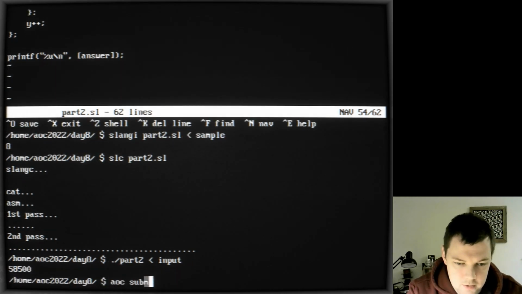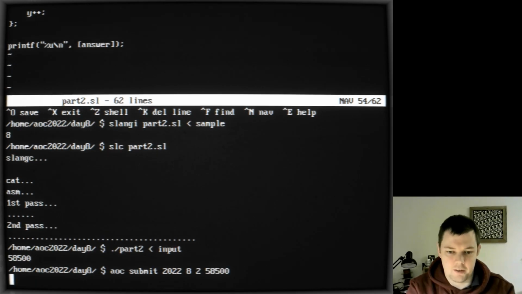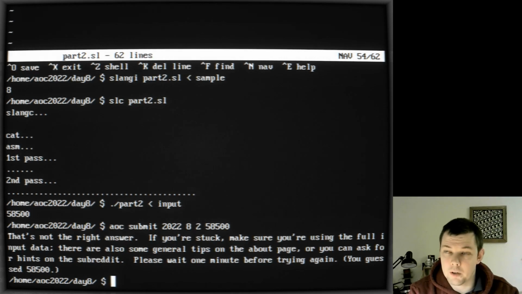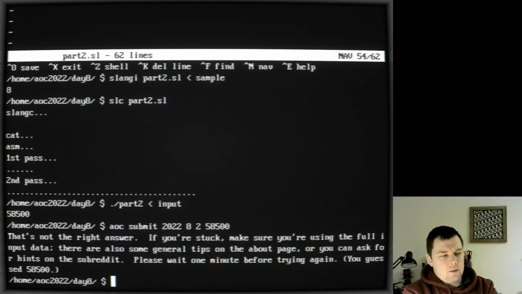Okay. Fingers crossed that hasn't overflowed. Not the right answer, okay. So I'm going to say it probably did. So what we could do is... well, I don't have enough memory to put a big int in every cell, do I?